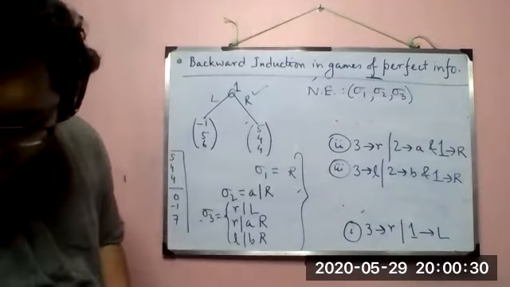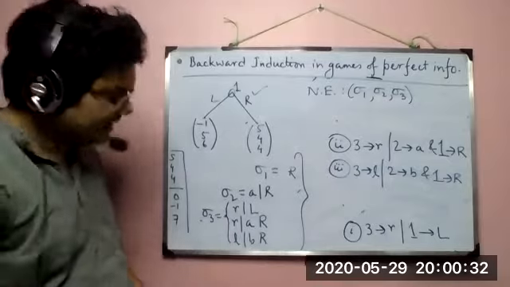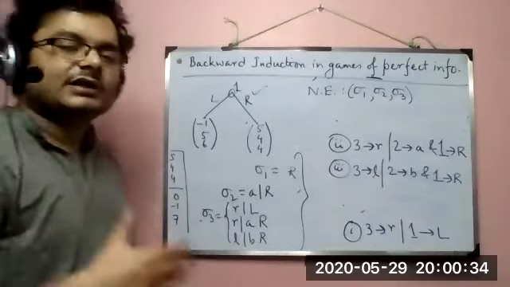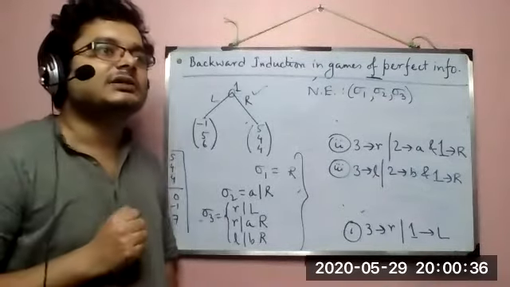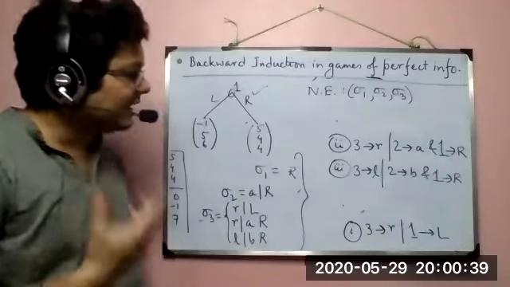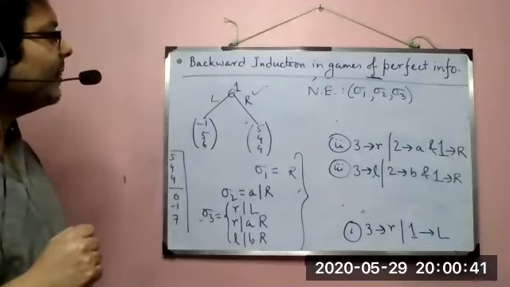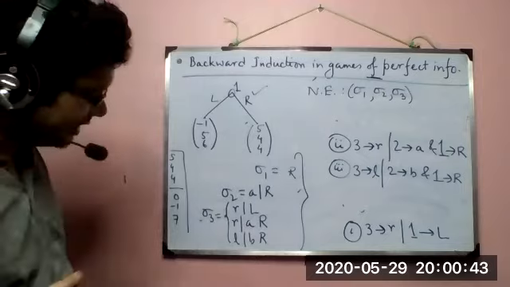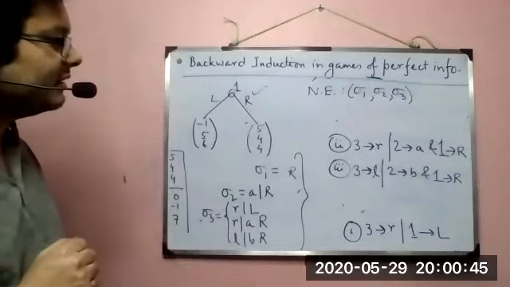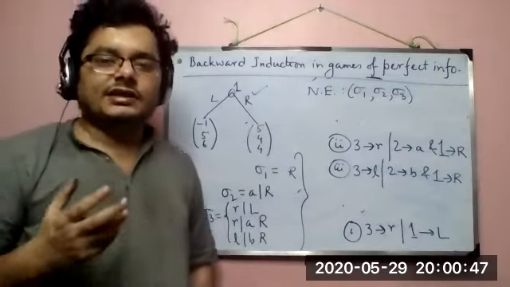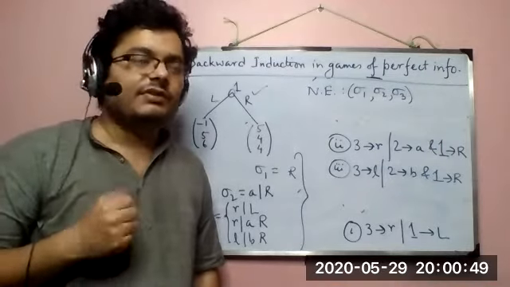Anyways, now this solution and the other solution that we solved using backward induction raise this question: where is mixed strategy here?